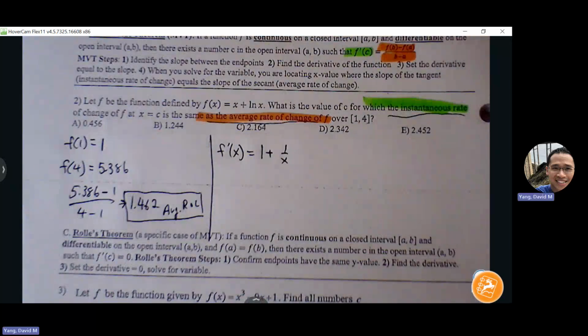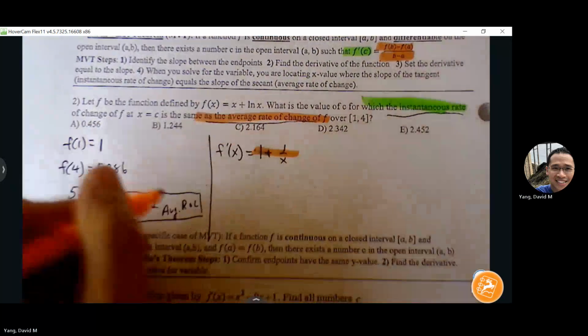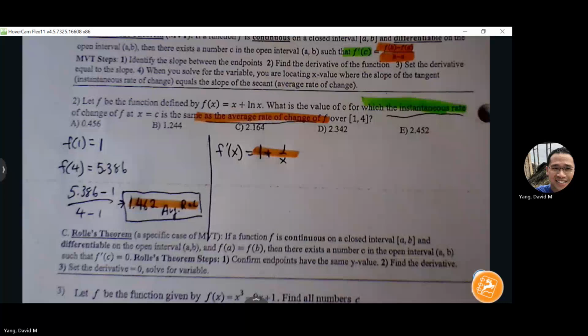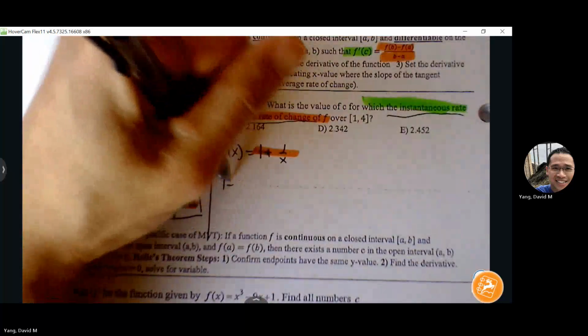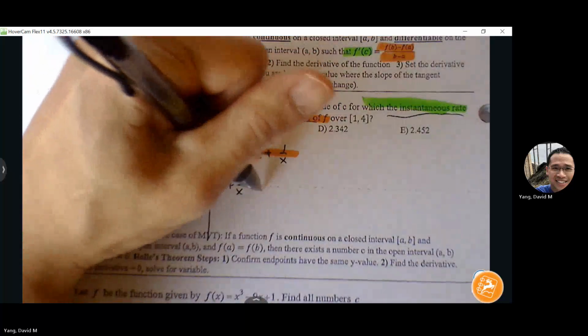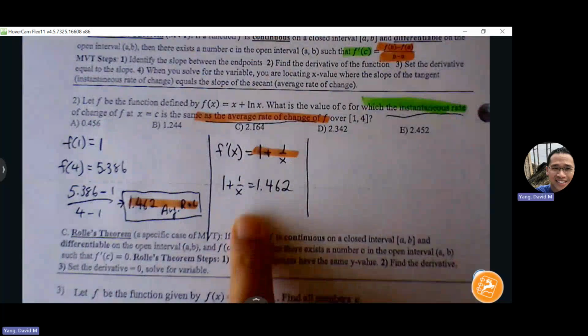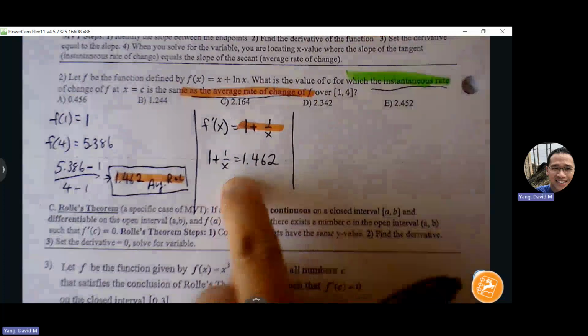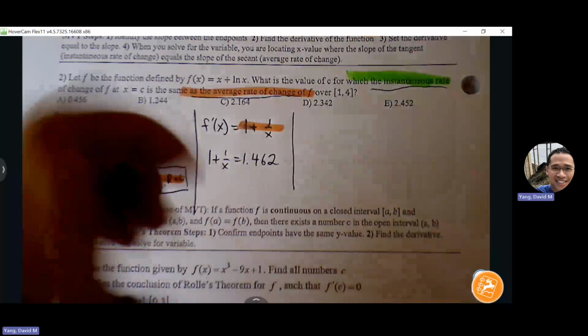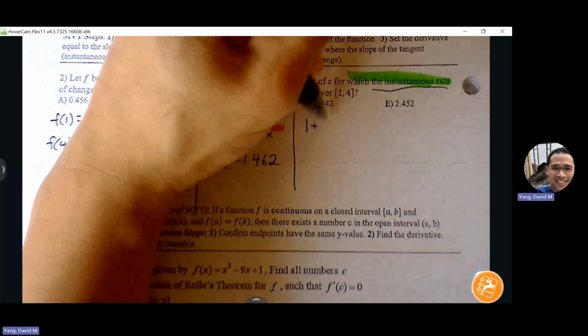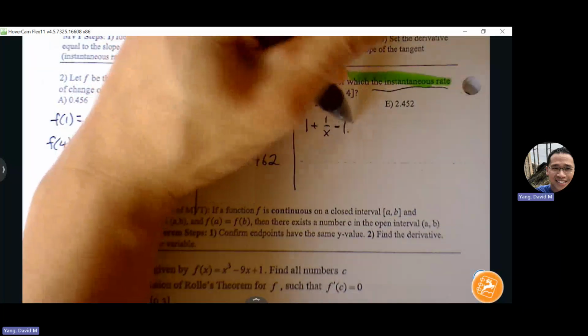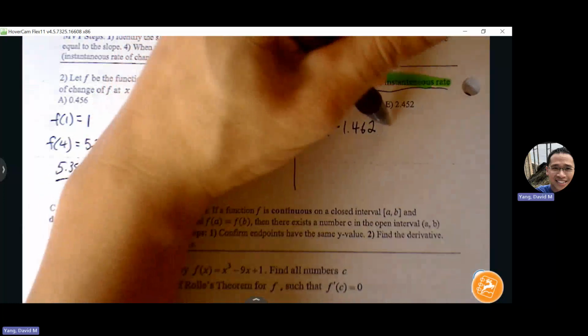Okay, so we're going to set them equal to each other. This is not an easy problem to solve algebraically, but that's why we have a calculator here. What we can do is bring everything over to one side: 1 plus 1 over x minus 1.462, and set equal to 0.